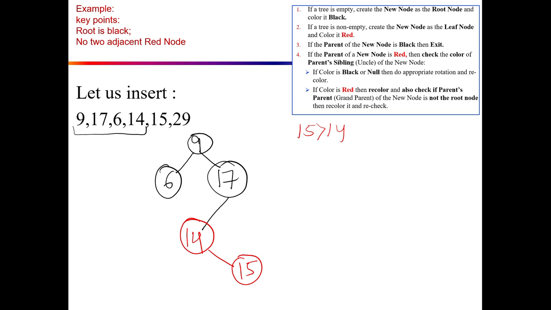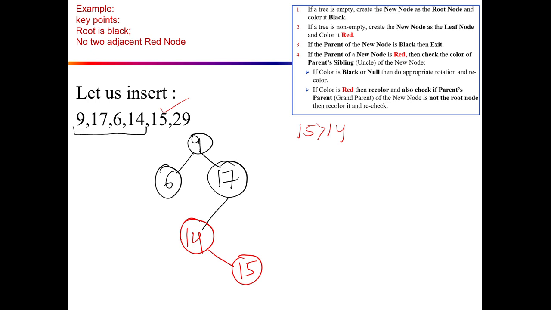Now what happens? The parent of a new node is red. Now guys, when is the parent of a newly inserted node red? Definitely that means the parent is not the root, because the root cannot be red. Root is always supposed to be black in color as per the properties of the red-black tree.